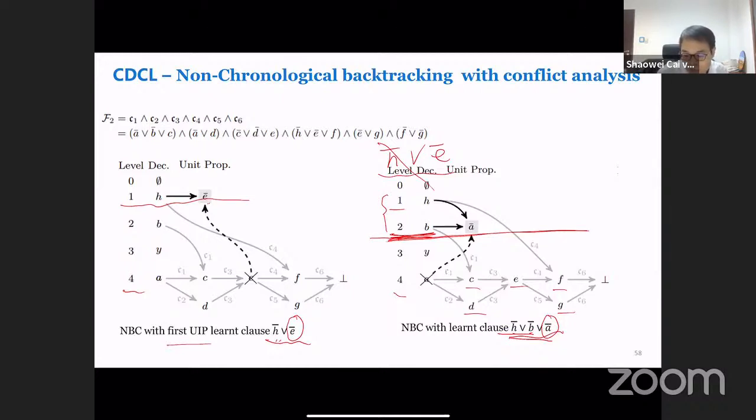Then at this level 2, together with this new clause, we will imply A must be assigned false. Okay, so H, B, and this can be done by unit propagation.